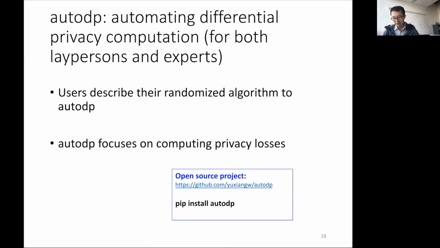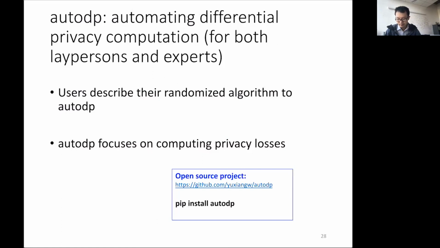Then autodp can help this layperson user compute the overall privacy loss after the composition, or other kinds of combinations of their basic building blocks into a more complex algorithm. autodp specializes in this, and it doesn't deal with the actual implementation of the mechanism, so it doesn't add noise whatsoever. But if you tell autodp that you implemented the Laplace mechanism, then autodp can help you compute what the privacy loss of that sequence of Laplace mechanisms will be towards the end of the day.